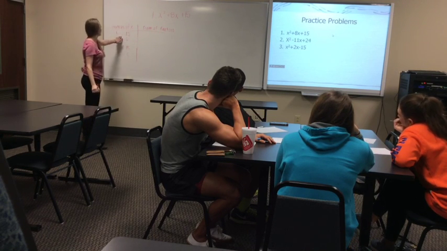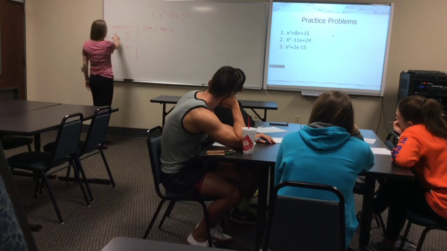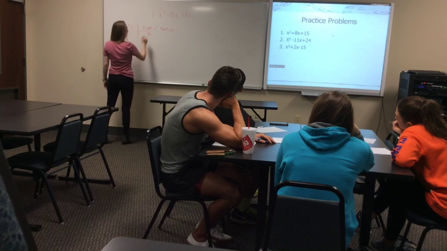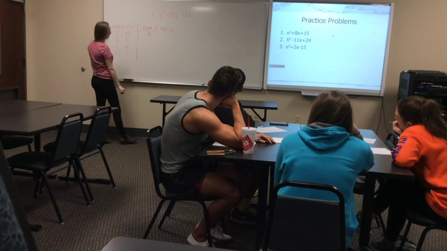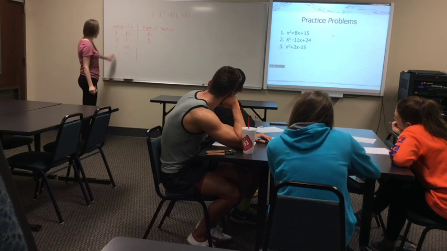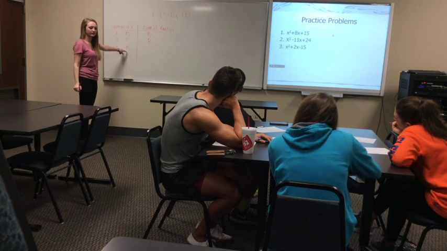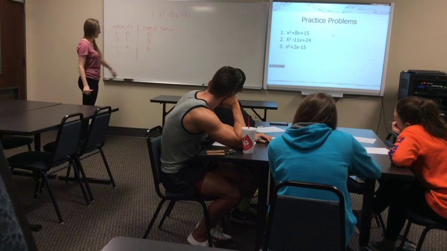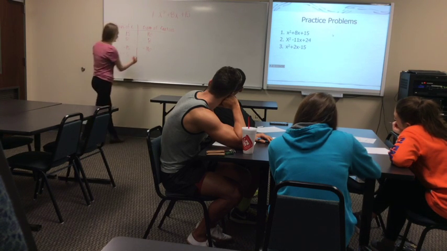When you sum these factors, what do you get when you add together 1 and 15? 16. What do you get when you add together 3 and 5? 8. What do you get when you add negative 1 and negative 15? Negative 16. And when you add negative 3 and negative 5? Negative 8.